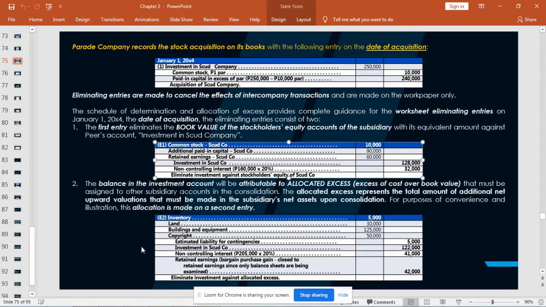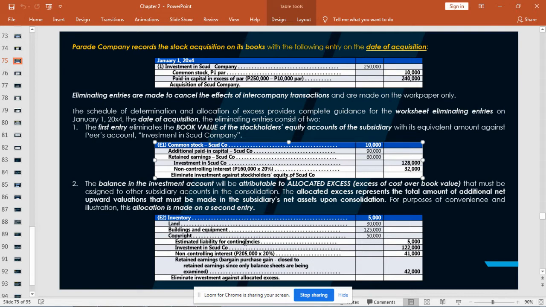Right? So to record yung ating over under valuation ng ating assets and liabilities. First is debit inventory, increase of 5,000, land debit increase of 30,000, building increase of 125,000, and copyright increase of 50,000.